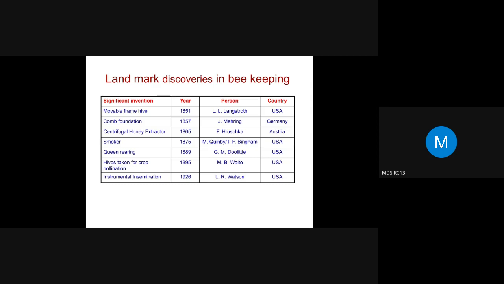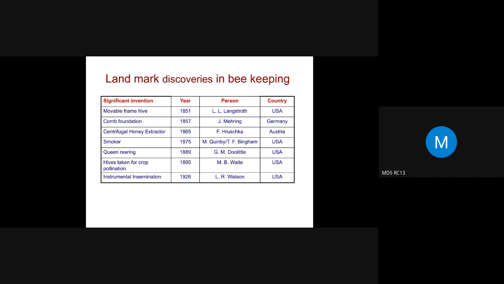Taking hives for crop pollination, that is migratory beekeeping, is a new concept emerging over the last few decades, where bee boxes are taken to different locations where more flowers are available for the next few days or months.